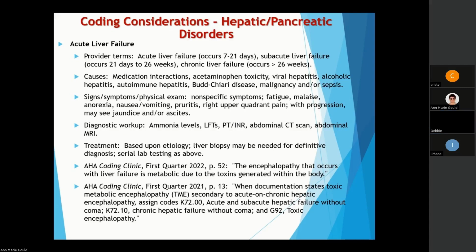I've also seen recently a couple of patients with normal ammonias, LFTs are like 20 over 30 or 30 over 10 or whatever, and pretty normal coagulopathy studies, and they're documenting acute liver failure. And that's been a challenge.